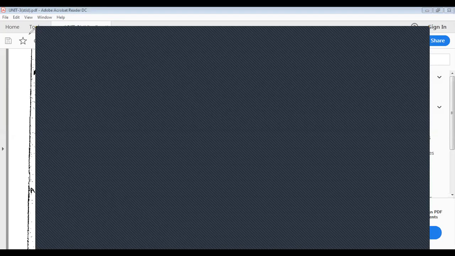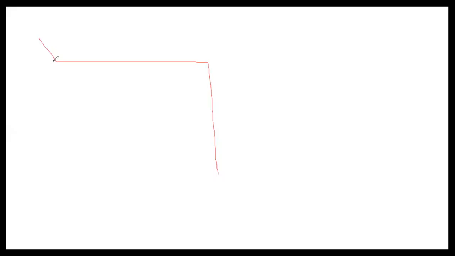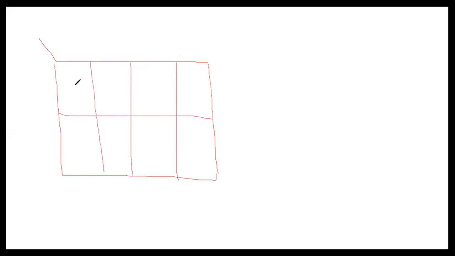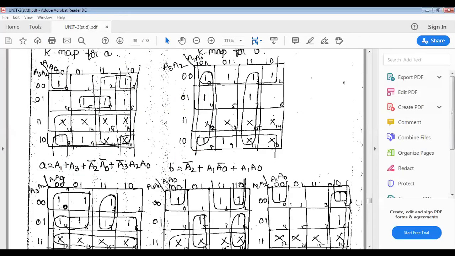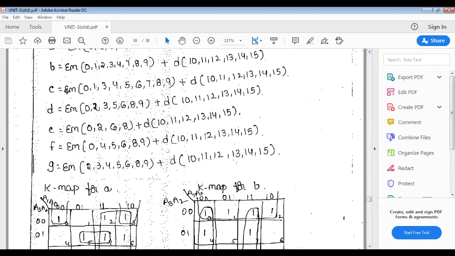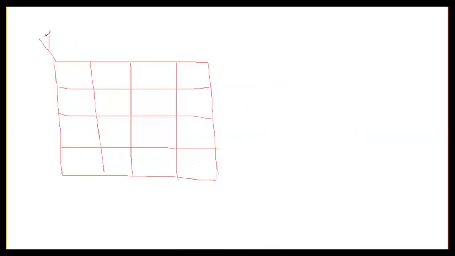You can see here, I'm taking one K-map. They are naming the variables A3, A2, A1, A0. The minterms are 0, 1, 3, 4, 5, 6 up to 9.